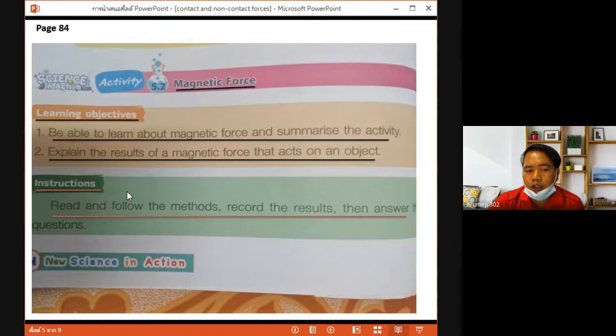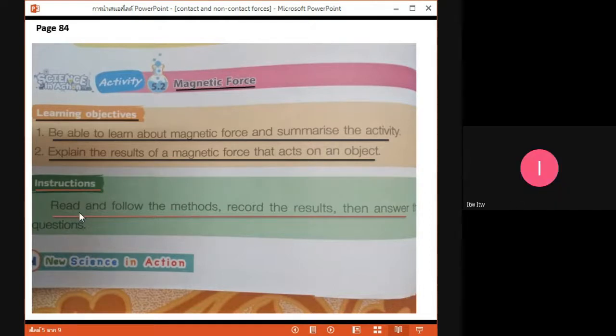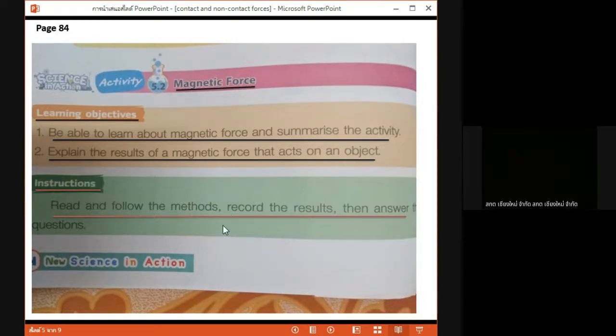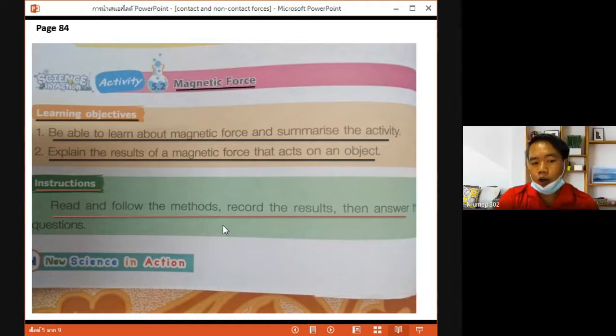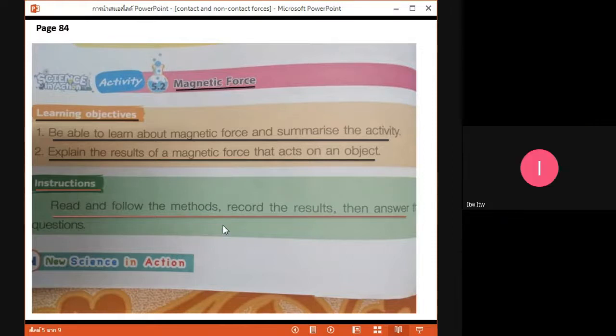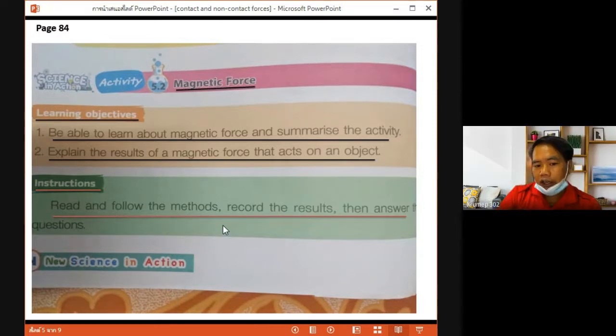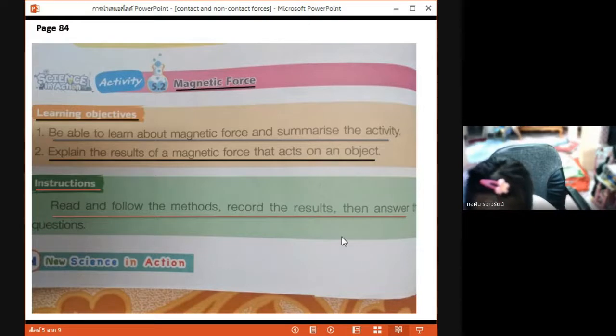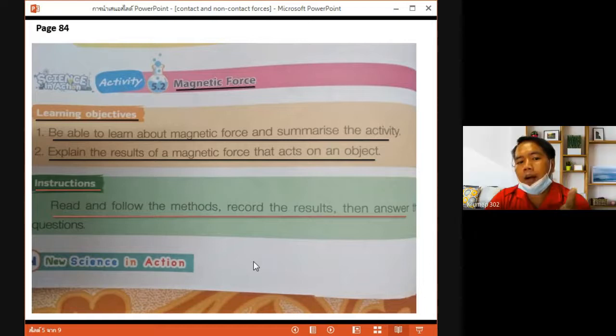And we have here the instructions. You must read and follow the methods. You must observe properly, follow the methods, and record the result to answer the question. Understand? Do you have a magnet in your house?